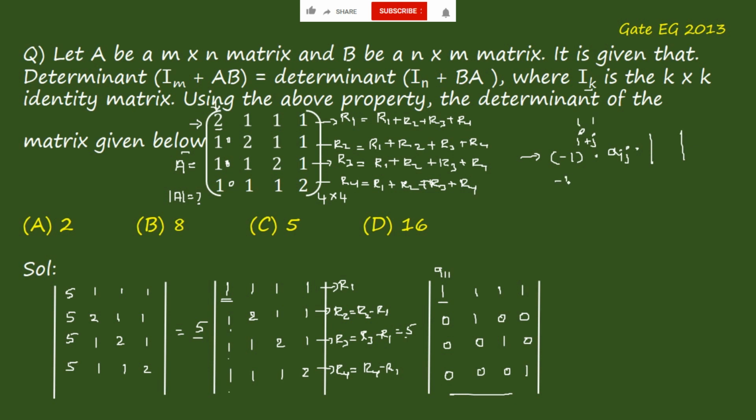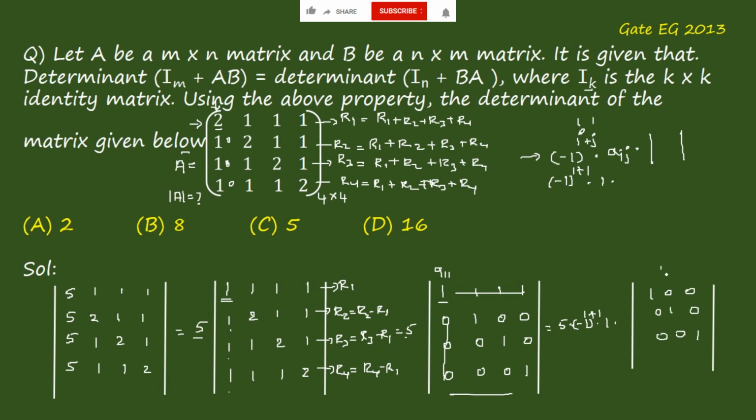It becomes minus 1 power 1 plus 1 into a11, which is 1, into the matrix we get by not considering this particular row and column. Then we get 5 into minus 1 power 1 plus 1 into 1 into the matrix with elements 1, 0, 0, 0, 1, 0, and 0, 0, 1.